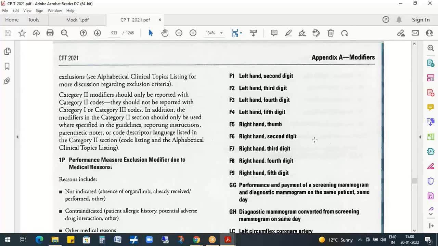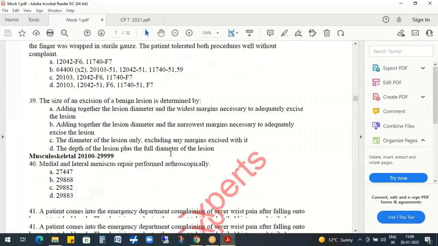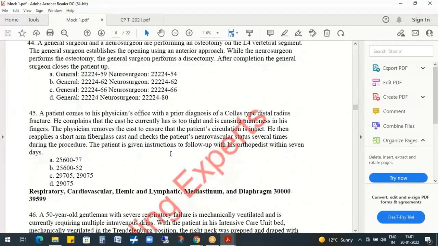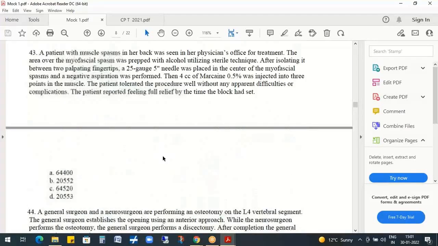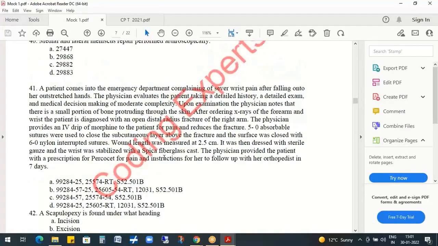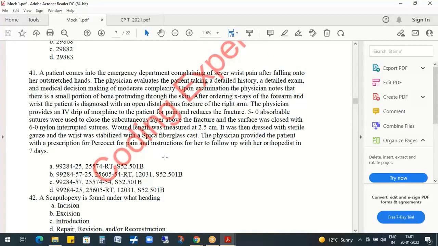Okay, sir. Next, up to 40, any doubts? No doubts. Then 41 to 45. 41, sir. What's your doubt here? Decision for surgery.